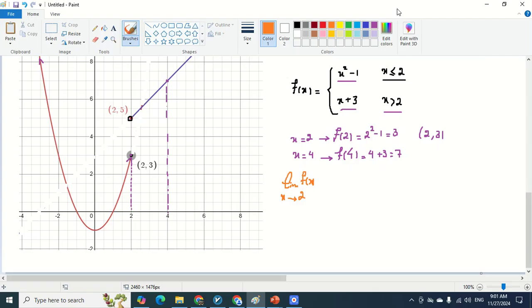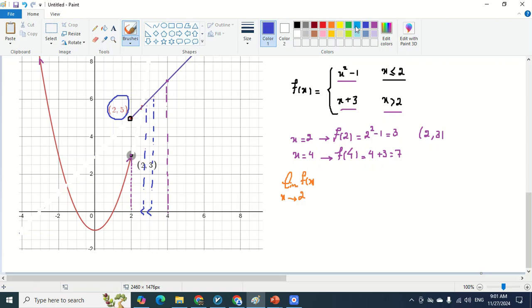As you can see, if you go through the values of x where x is greater than 2, meaning from the right side of 2, as you tend to the point 2, then the value of the function is calculated from the right side expression, and at the end of the day the value of y tends to 5.